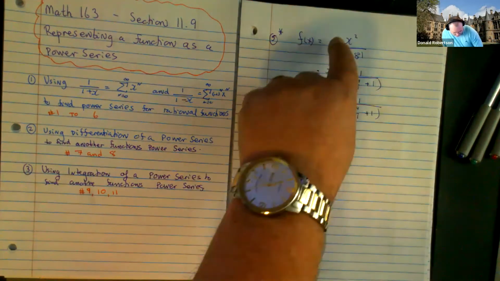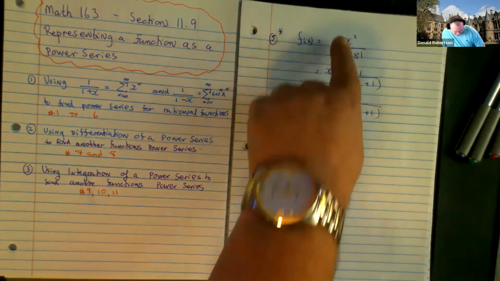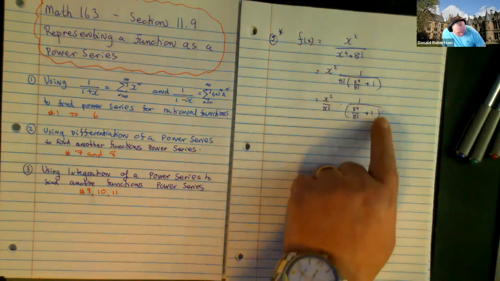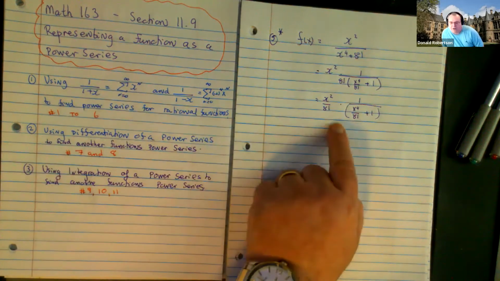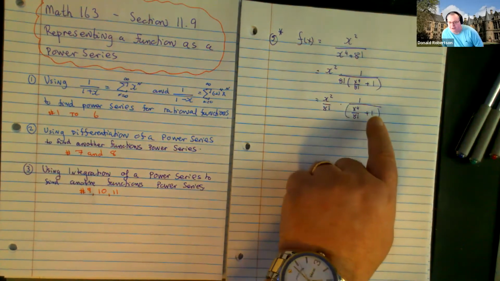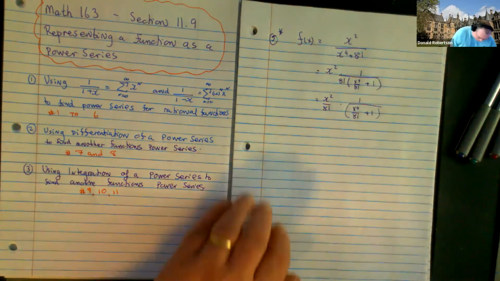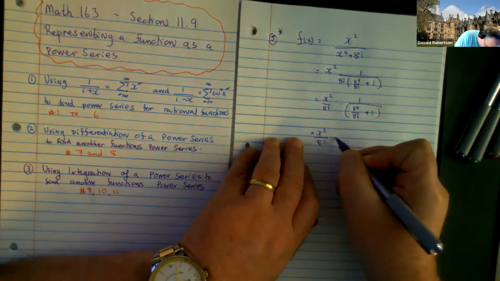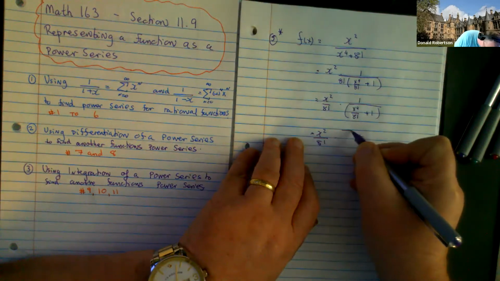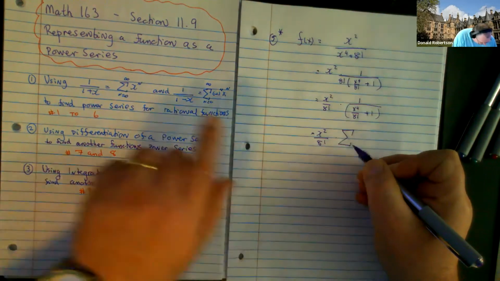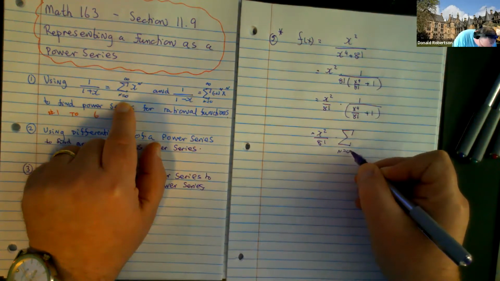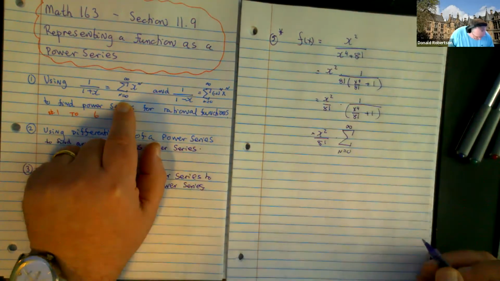With a little bit of algebra, I've rewritten this in a slightly clunky form, but this form allows me to use this power series. Now, I know it has a power plus 1, but that's the same thing as 1 plus the power, so we can get away with that. So I can now replace this with the power series. I'm using this one, and it's going to be from n equals 0 to infinity.